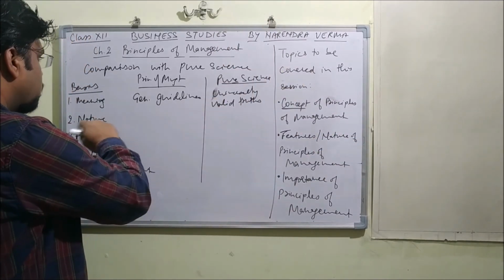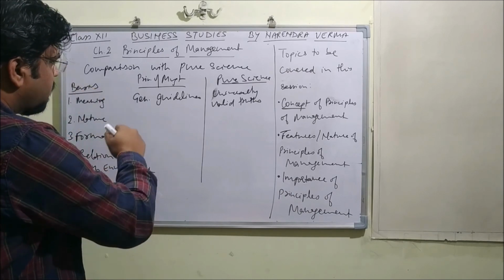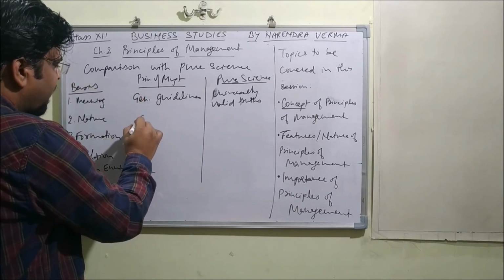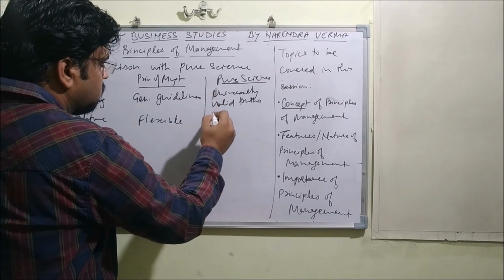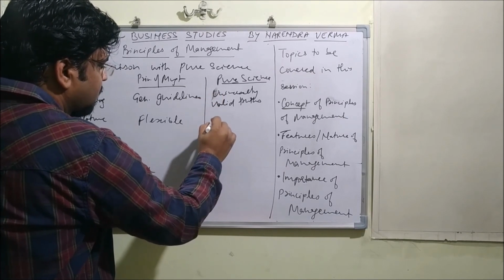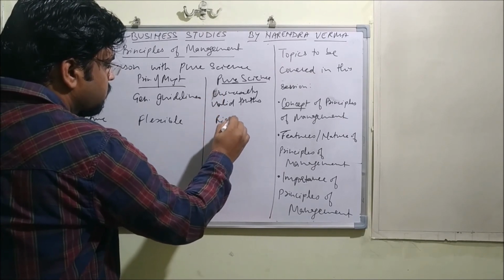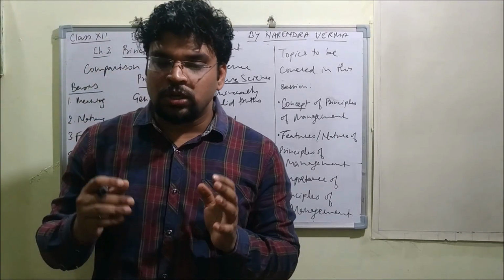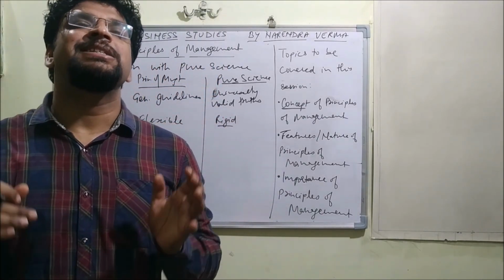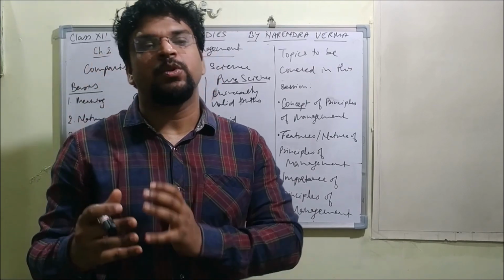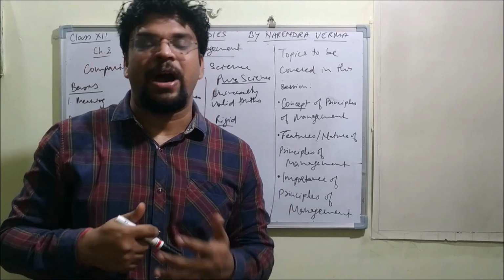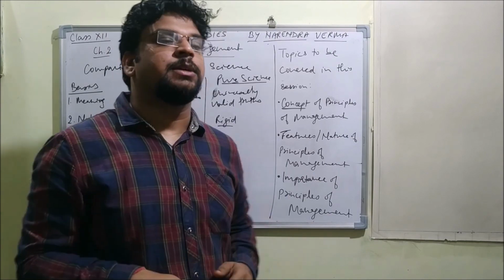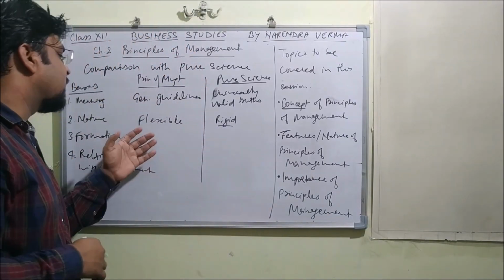Now let's talk about nature. Management principles are flexible and pure science principles are rigid. Rigid means you cannot change them. You cannot change the principles of pure science as per the situations, your comfort, or the requirement. But the principles of management are flexible.